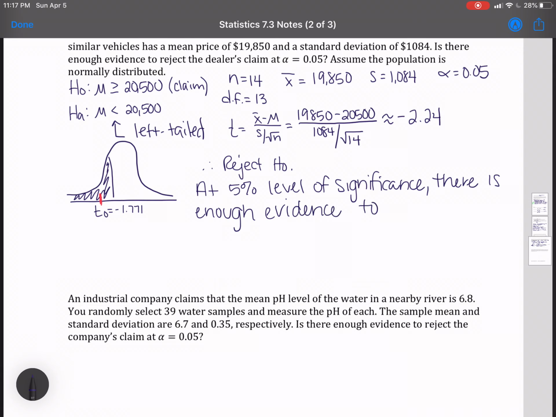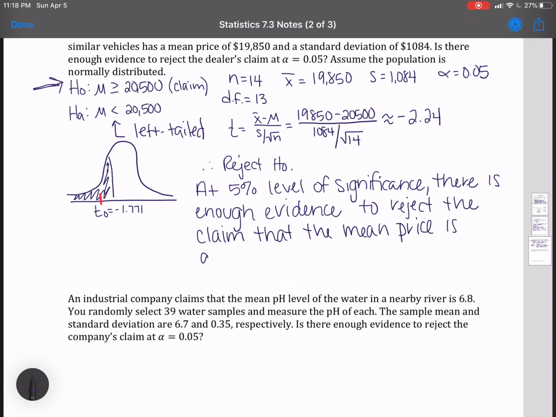Our claim was in our null, so that means there's enough evidence to reject the claim that the mean price is at least $20,500.